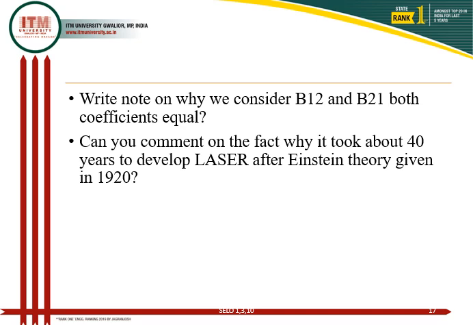Second question: can you comment on why it took about 40 years to develop the laser after Einstein's theory? Einstein gave this theory in 1922, and after that it took 40 years to develop. Think over this and write down these answers.